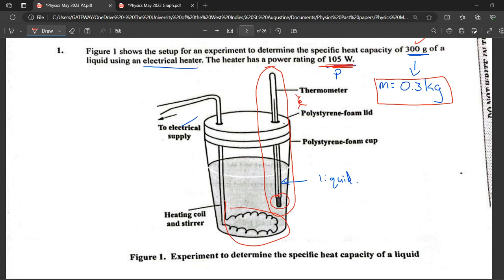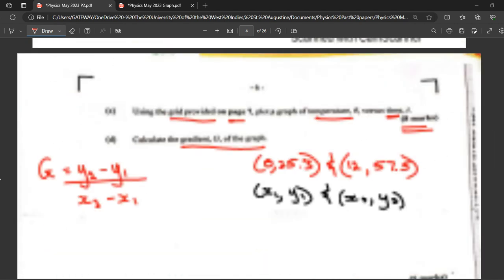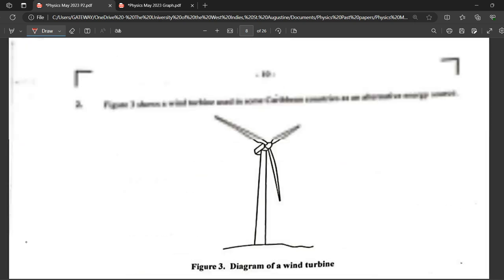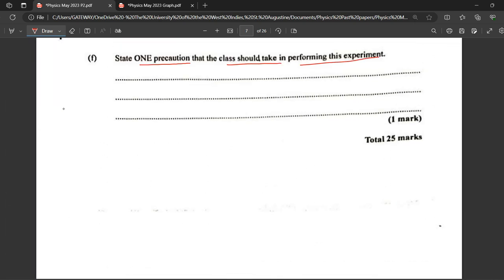Also, when you're reading the thermometer, you want to make sure that your eye is at eye level with the measurement that you take, to avoid which error? Parallax error, is what you're trying to avoid.